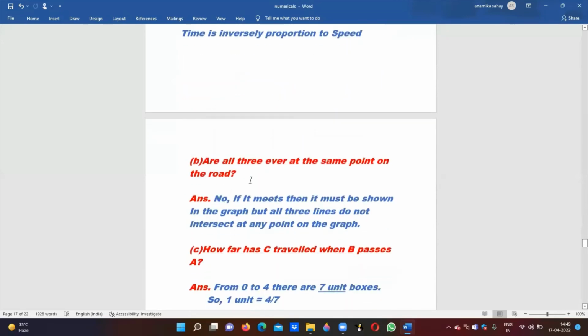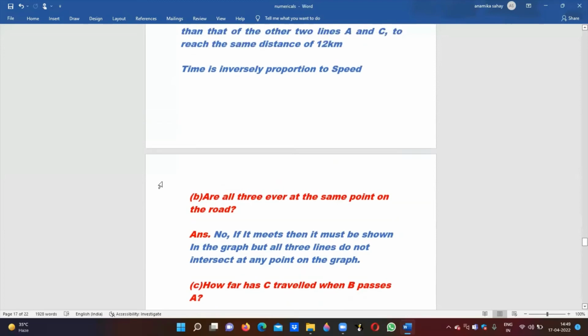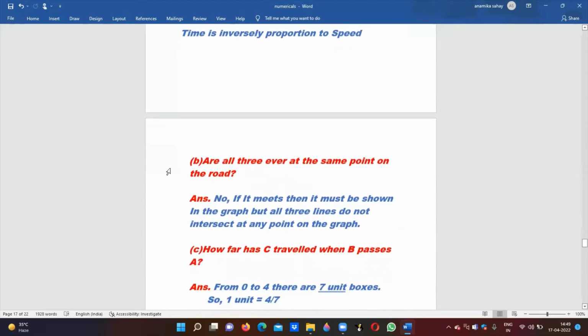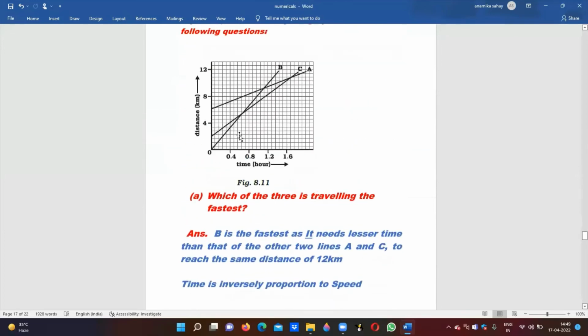Now next question: are all three ever at the same point on the road? No, because if they meet, it must be shown in the graph, a single point where all three lines meet.